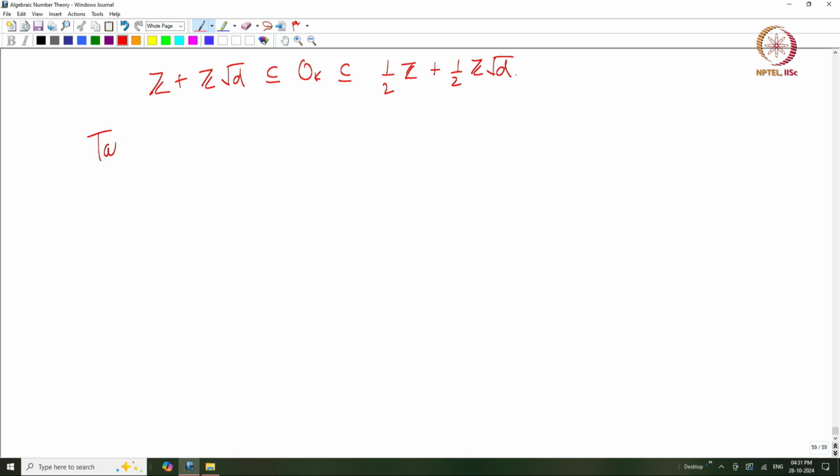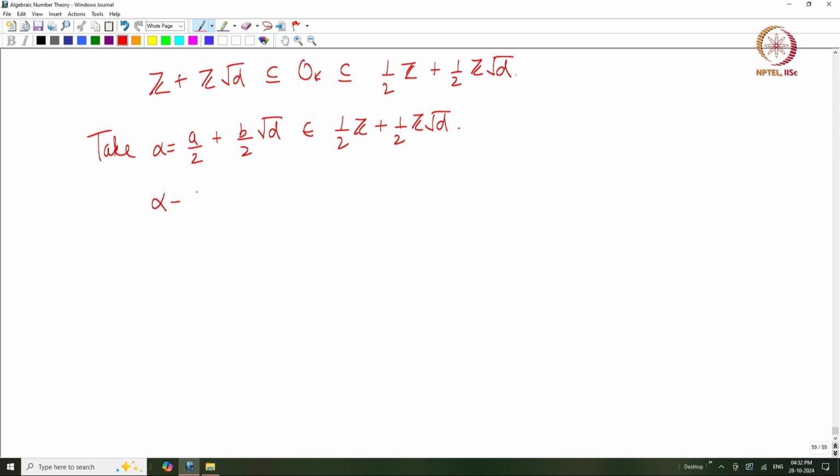Okay. So, what we do is we take a/2 plus b/2 square root of d in half Z plus half Z square root of d. This just means that a is an integer, b is an integer. Of course, a and b could be even, and then a/2 and b/2 will also be integers. So, let me take this to be alpha. What is the monic polynomial of alpha?